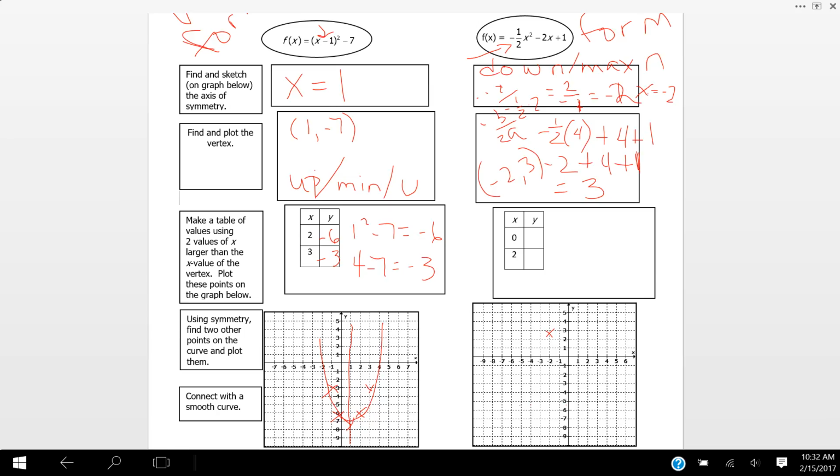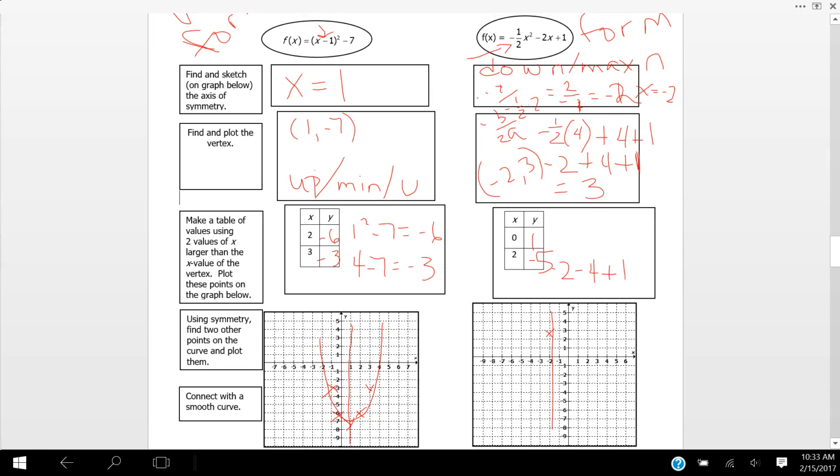Okay, here's my axis of symmetry. So if I put 0 in, I'm going to fill in my table. Then that's really great because I know y equals 1 because it's 0 plus 0 plus 1. And if I put 2 in, I get negative 1/2 of 4, which is negative 2. And negative 2 times 2 is negative 4 plus 1. So I have negative 2 plus negative 4 plus 1 is negative 5.